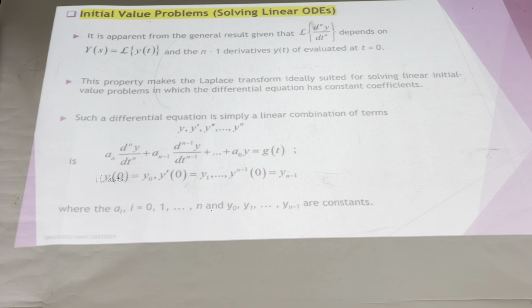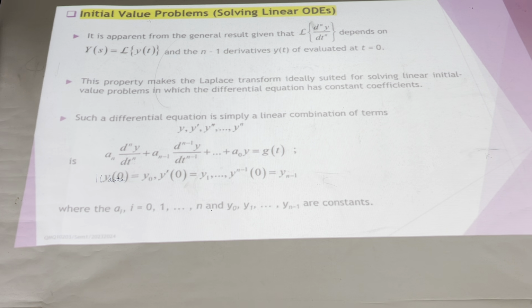After you have decomposed the rational fraction into simple fractions, now you apply the inverse Laplace transform to solve for Y(s). From Y(s) you get y(t). That y(t) is the solution.